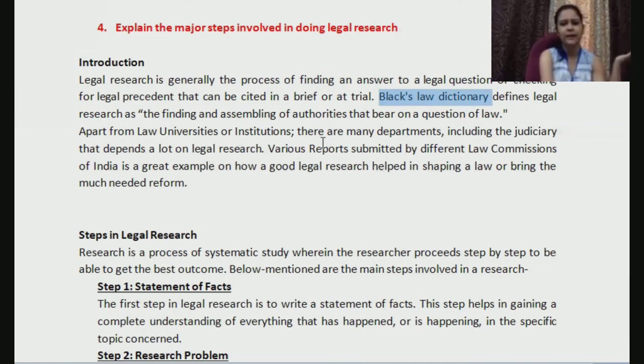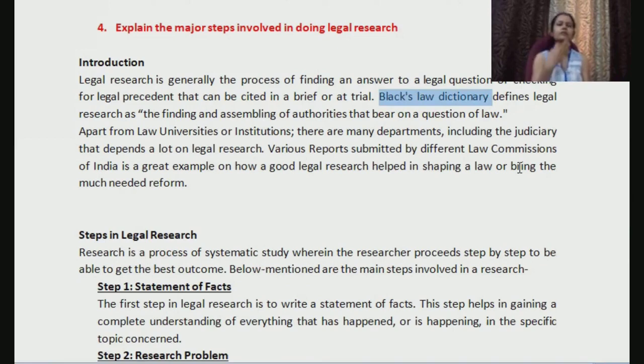Then you can mention maybe that apart from law universities or institutions, there may be many different departments, including the judiciary, that depend on legal research a lot. Various reports submitted by different law commissions of India are also a great example of legal research, which has helped in reforming the law. There is something called a law commission. It's basically a body primarily involved in doing legal research, and they give suggestions to the central government, right?